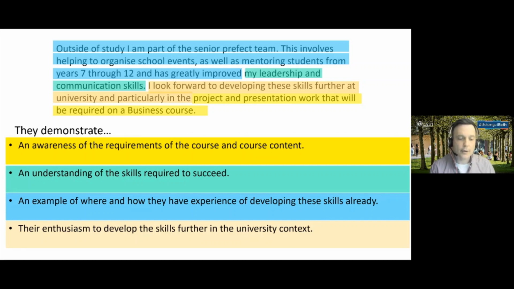An example of where and how you have experience of developing these skills or this knowledge already. Again, this is worksheet 2. This is you identifying those things. So the yellow, green and blue there have all come from just those two worksheets. And then your enthusiasm to develop skills further in the university context.